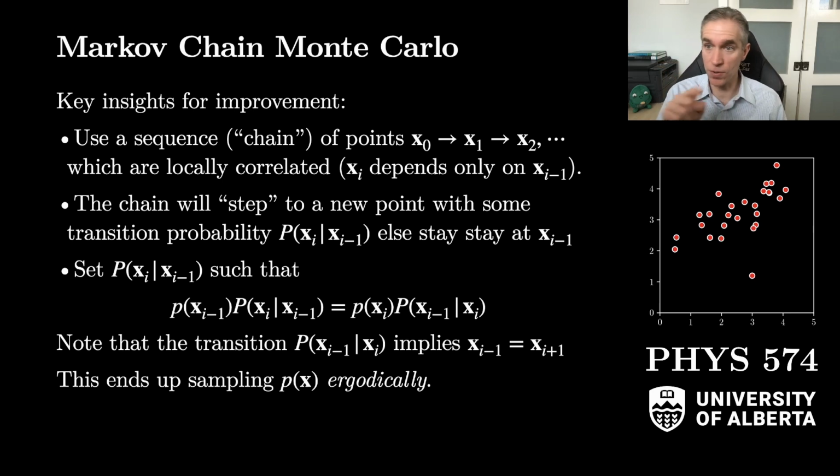So it wanders around in the space, but over time, it visits every part of the space with a probability proportional to P of x. So that's clearly exactly what we want. If we end up with this chain, it will wander around, and then if we take the ensemble history of a chain, it will represent statistical draws from P of x.